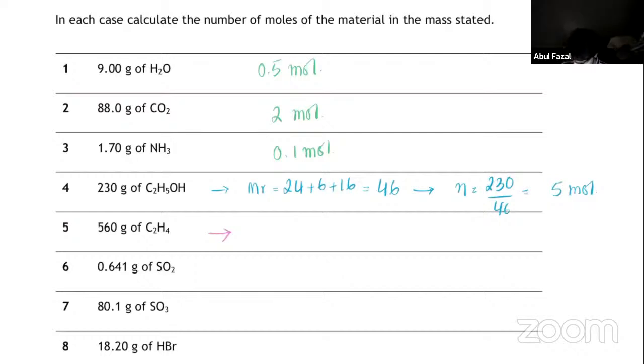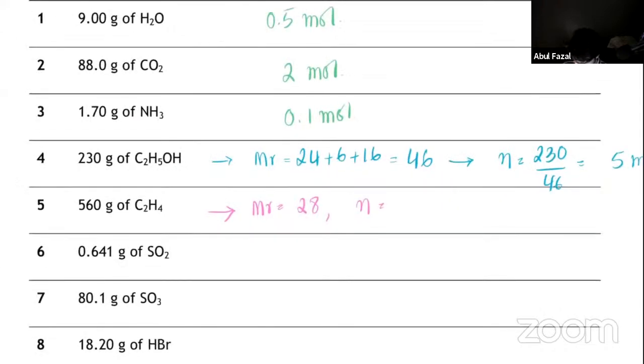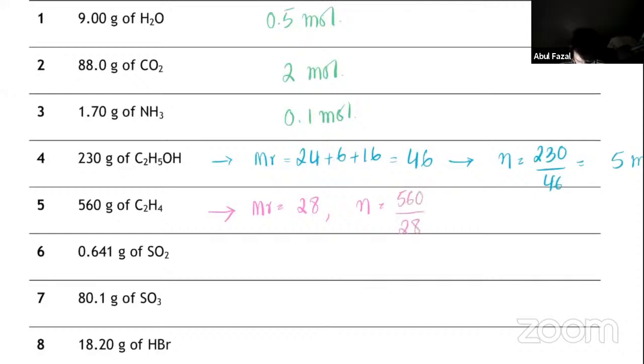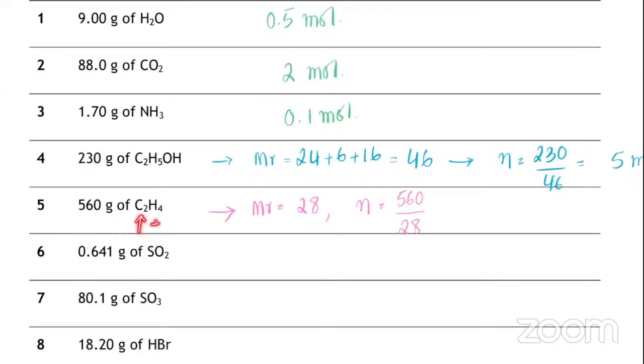Let's try pink. Okay, the MR is, this is going to be easy, 24 plus 4, 28. And the moles is going to be, really cramping it here. It's 24 plus 4.